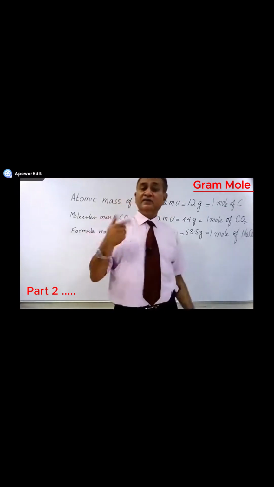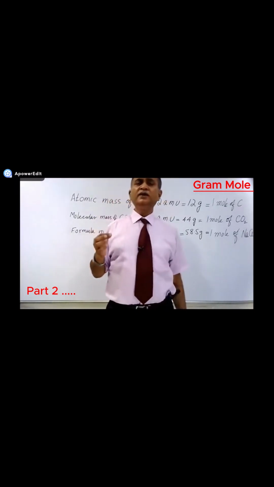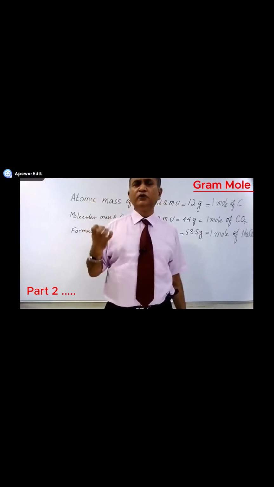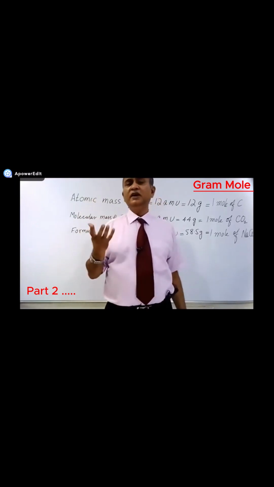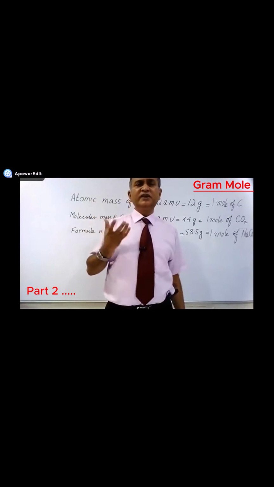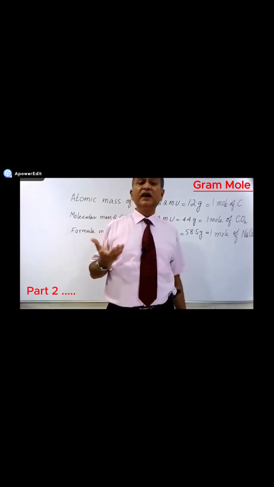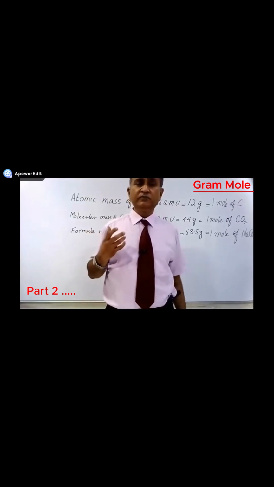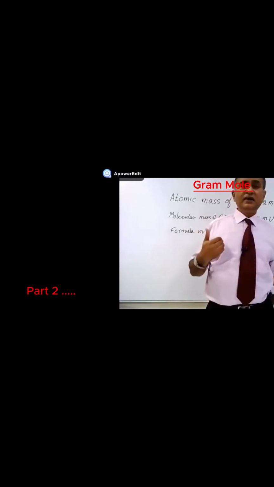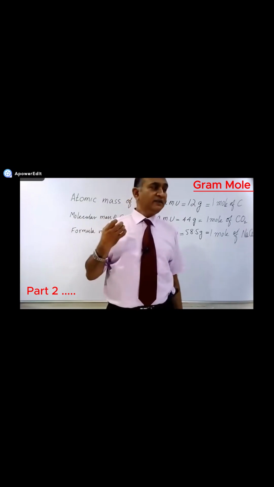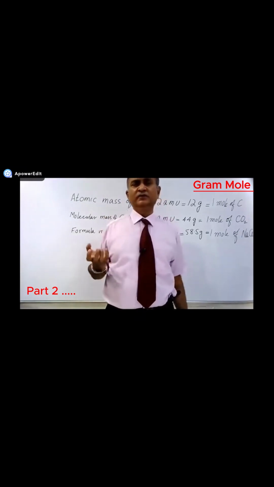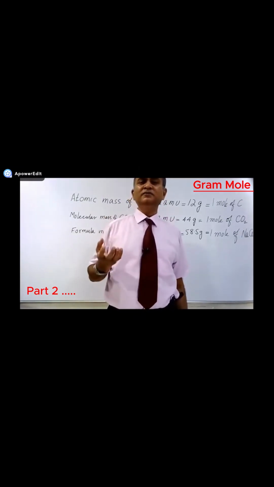Second point: you know that there is an international system of units and we have to follow those units. For example, what is the SI unit for mass? Kilogram. What is the SI unit for time? Seconds. Similarly, when a scientist wants to tell you something about the amount of a substance, then he will use the term mole.